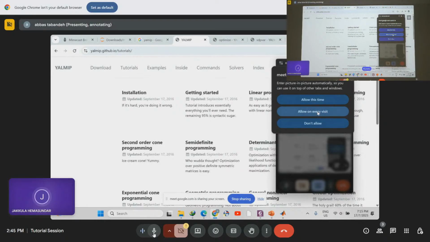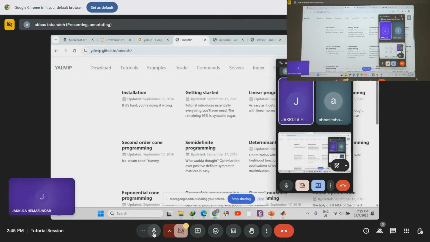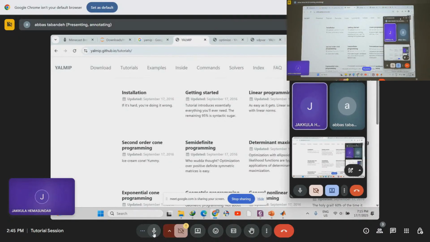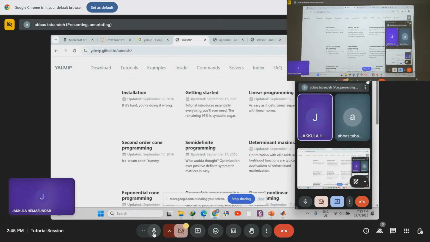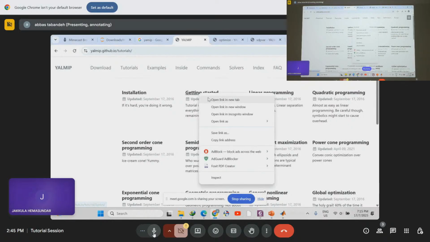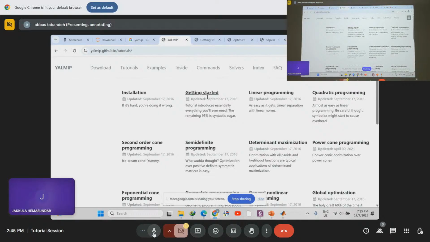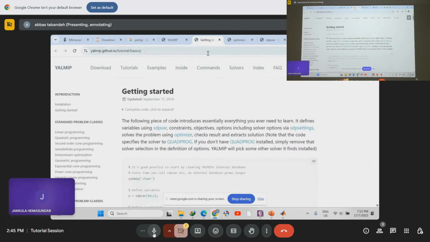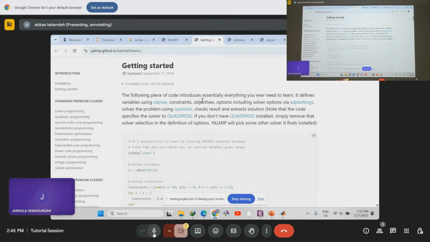Using getting started, it will give you how it works, how it is structured. As you can see, there are several functions that are important for us.